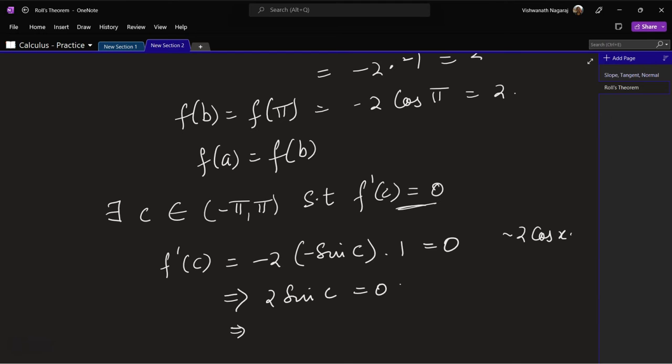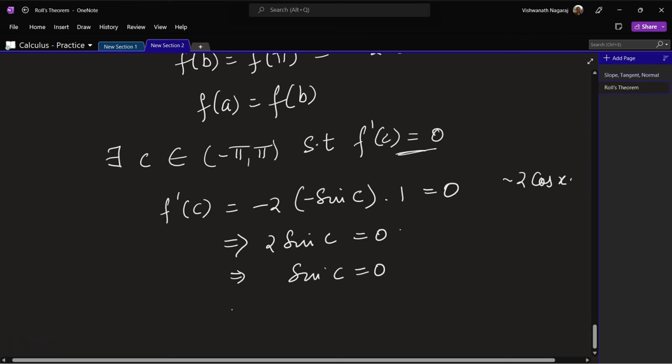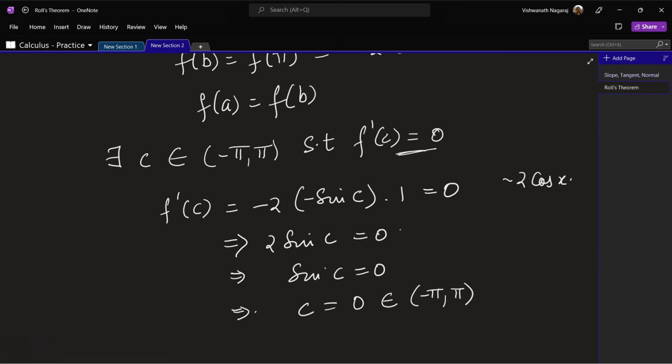So which implies 2 sine C equal to 0, which implies sine C is equal to 0. When is sine 0? When the angle belongs to the open interval minus pi to pi. So here remember, it is not a closed interval we are talking of. We are talking of an open interval, because otherwise sine of pi is also 0, sine of minus pi is also 0. But in an open interval we don't include pi and minus pi.